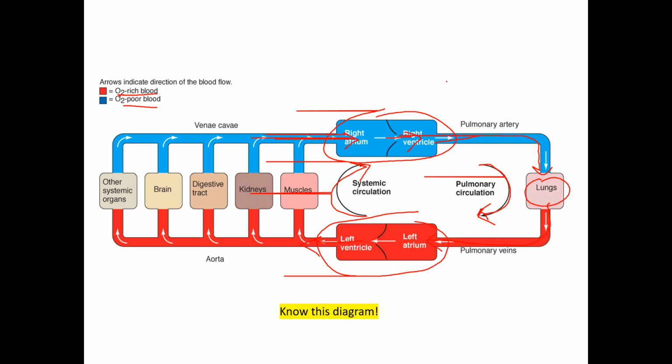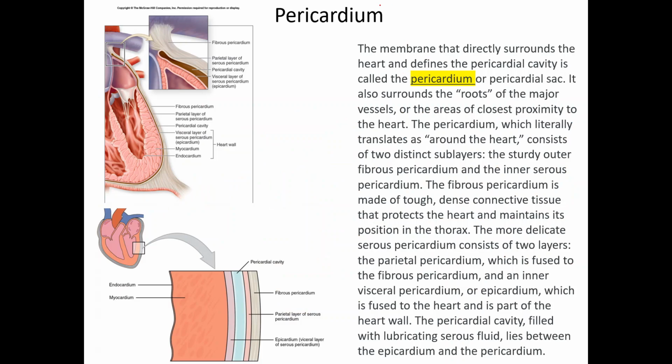Why would you do that if you were Mother Nature? You cannot send to the systemic circulation unoxygenated blood or oxygen poor blood. You would send oxygen rich blood. So it's logical.